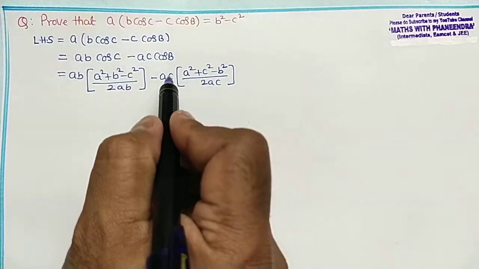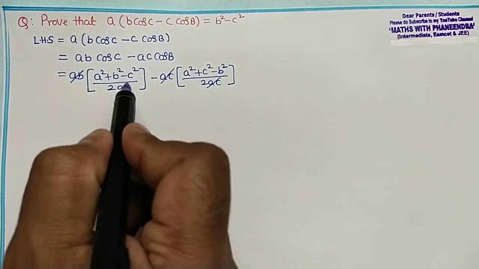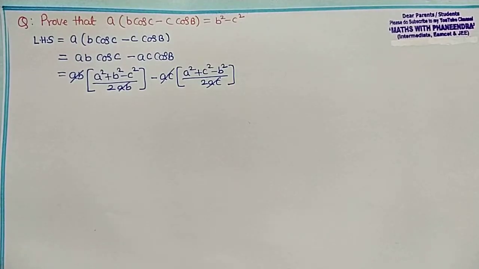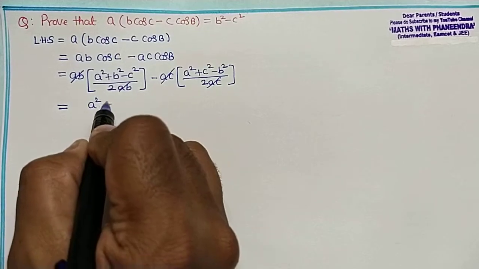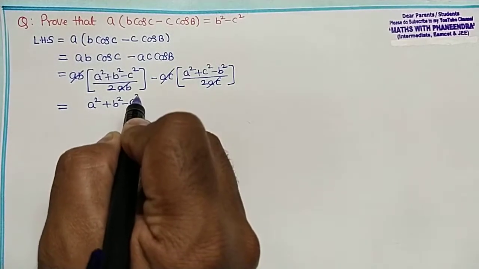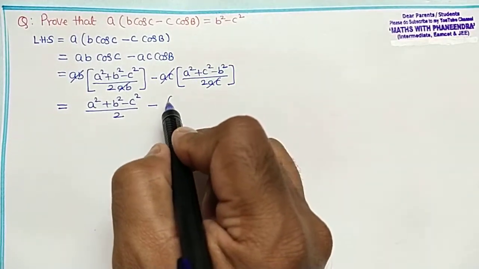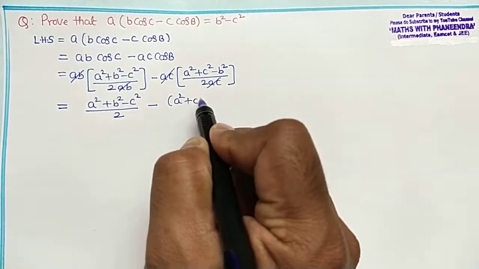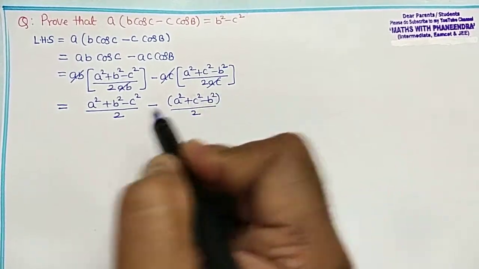So here ac get cancelled. Here ab get cancelled, which is equal to (a square plus b square minus c square) divided by 2 minus (a square plus c square minus b square) divided by 2. Take LCM.